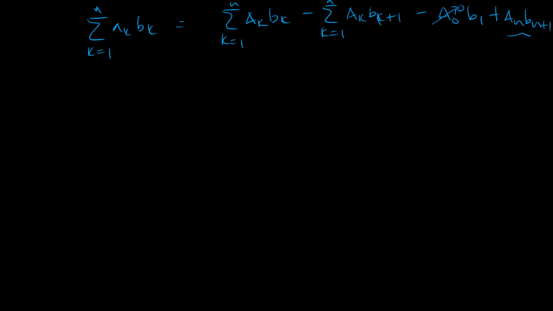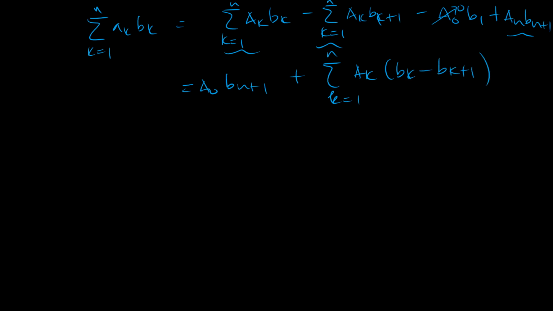So we can begin with that first, and so we have A_n b_{n+1} plus, combining these two together, the sum of A_k (b_k minus b_{k+1}), and here we've proved it. So we proved Abel's summation by parts.